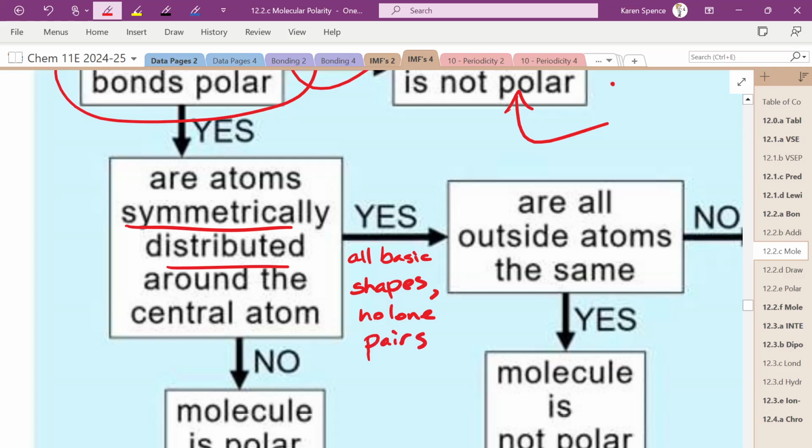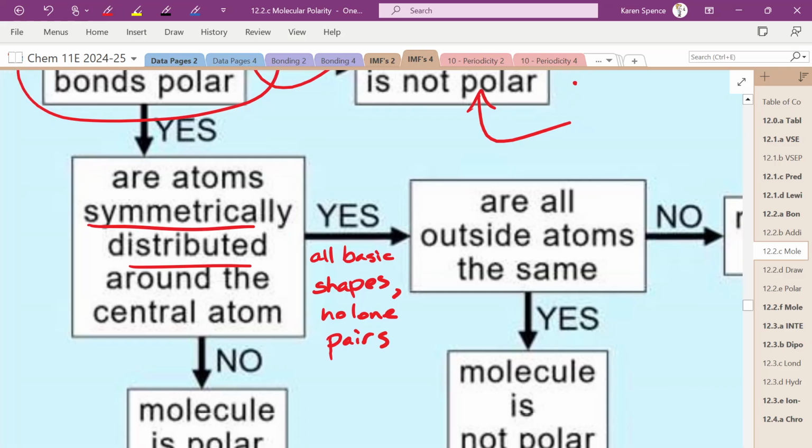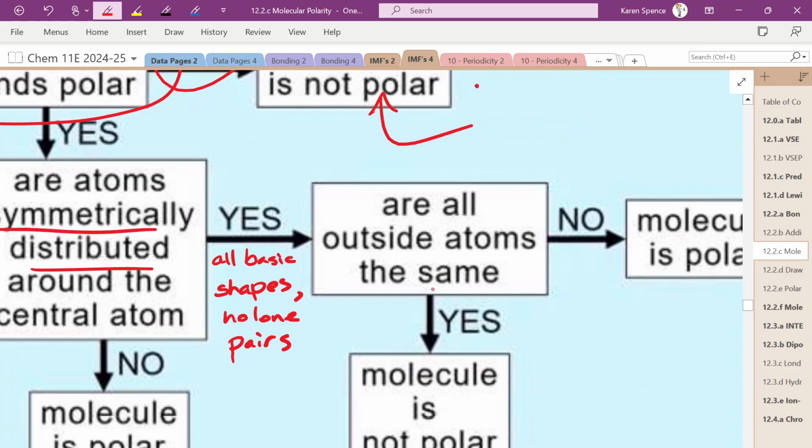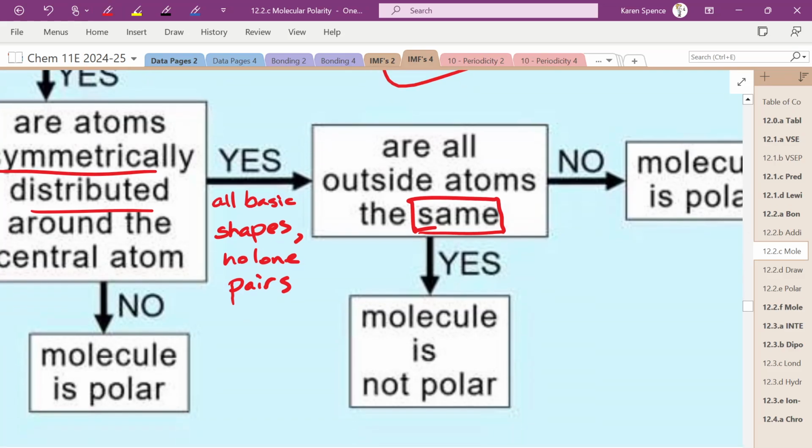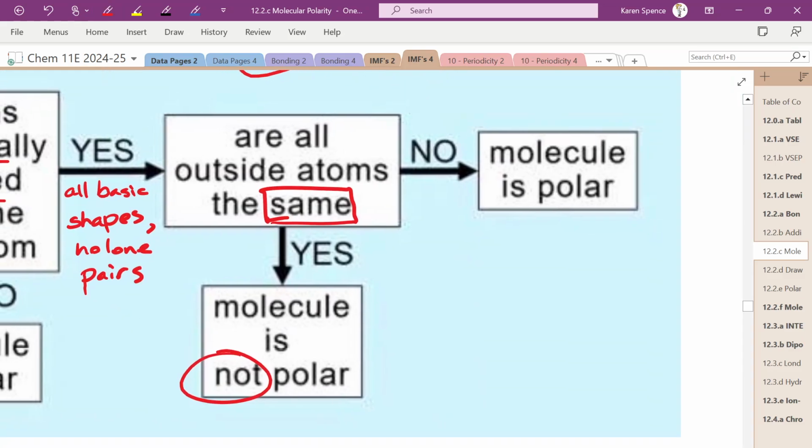So if you can answer yes to that, then you have to ask yourself, are all the outside atoms the same? If they are the same, then the molecule is not polar because everything's symmetrical and all the atoms are the same. If you have different atoms, then you're going to have a polar molecule because it'll have different things on this side and different things on that side.